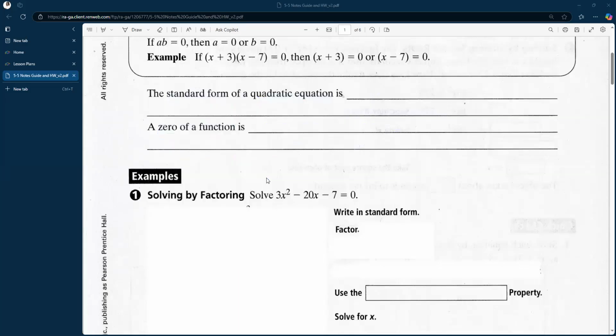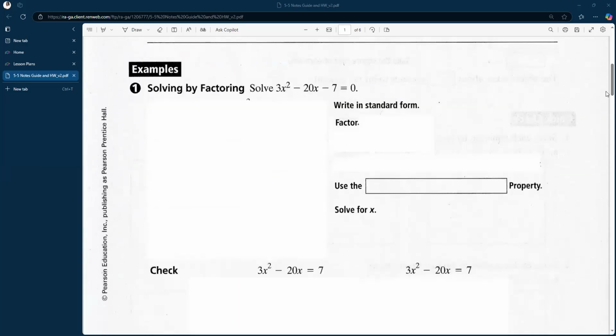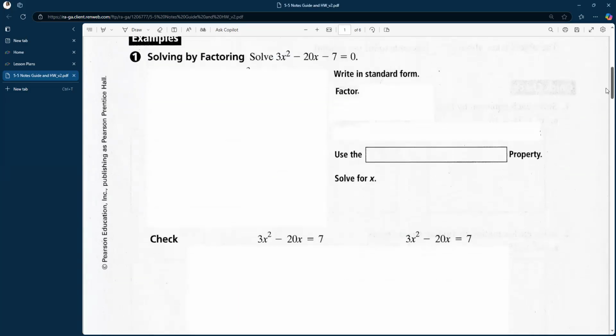In example number 1, we're going to solve this quadratic by factoring. The first step is write it in standard form. It's already in standard form in this example, but all your examples will not be in standard form.